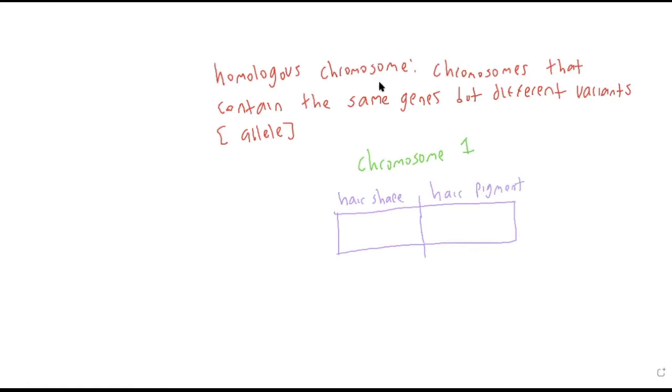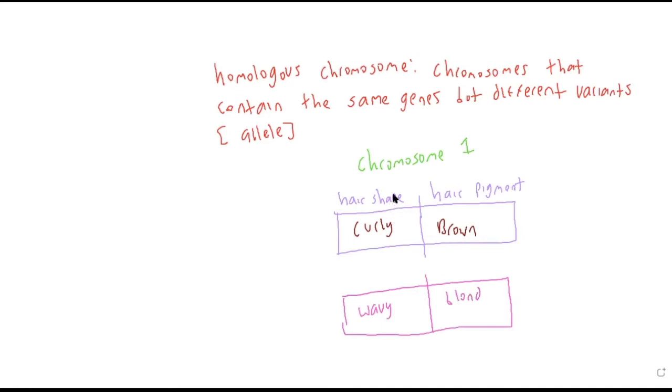And we'll say that one of your chromosome 1s is curly and brown. And chromosome 1 from your other parent, remember, it's going to have the same exact genes because it still is chromosome 1. But instead of curly, it's going to have wavy. And instead of brown, it's going to be blonde.